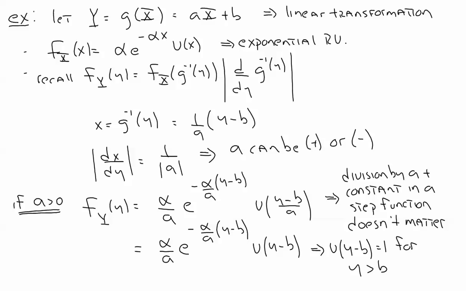Let's look at the case when the slope a is negative. A little more interesting. If a is negative, once again my derivative of x with respect to y is 1 over the absolute value of a. I better carry my absolute values now because a is negative.